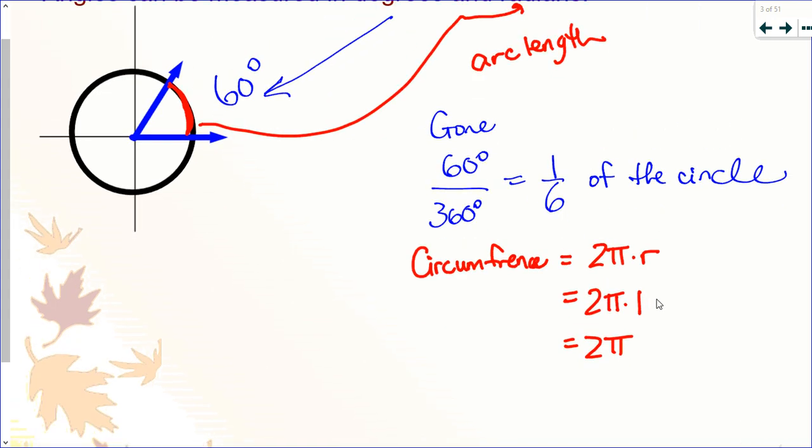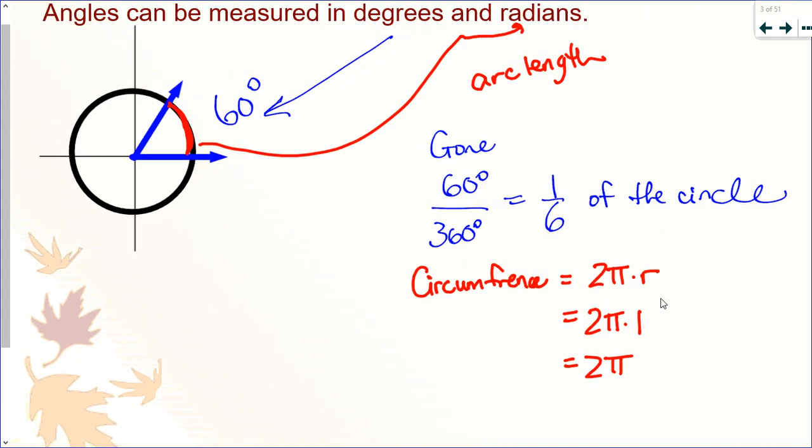But we've gone 1/6 of the circle. So 1/6 times the 2 pi will tell us how many radians. So that's going to be 2 pi over 6, because we multiply across, and so we get pi over 3 radians.